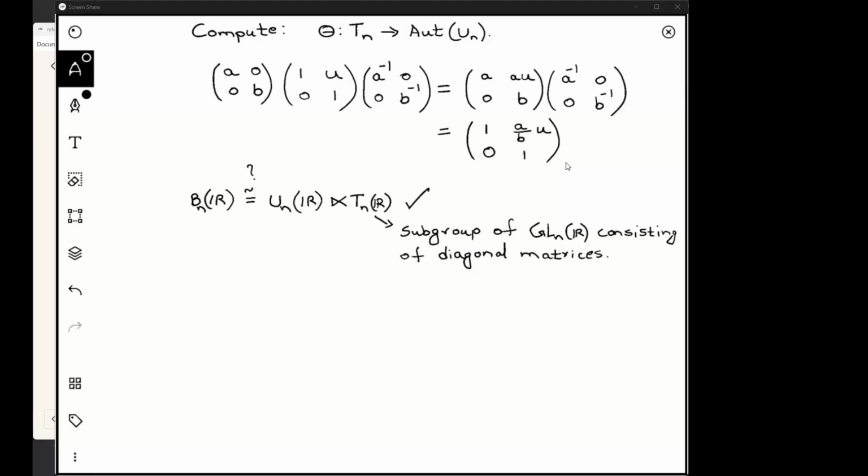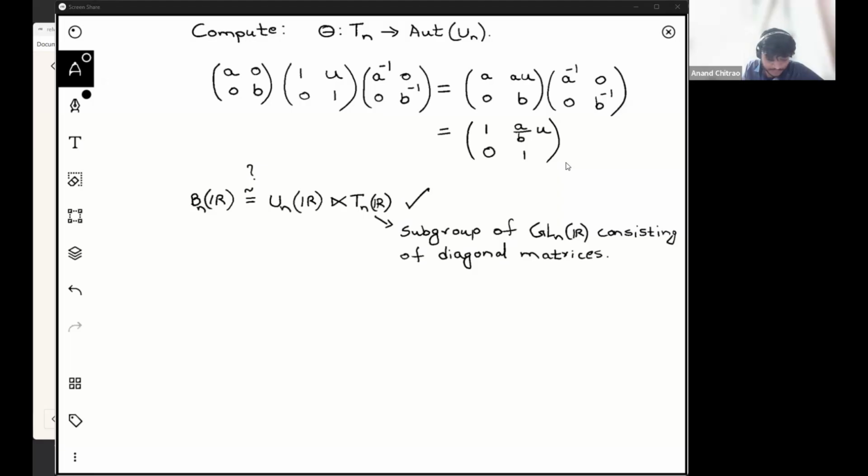Great. Next example. Does everybody remember Dn? This is just a recall. Dn is isomorphic to a semi-direct product of this form: Zn semi-direct product Z2.